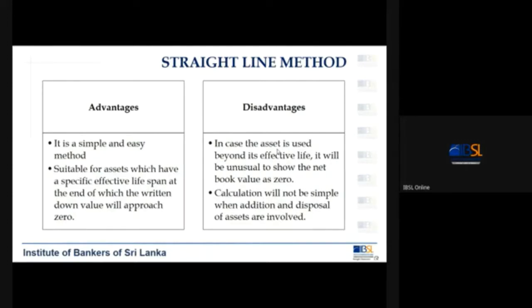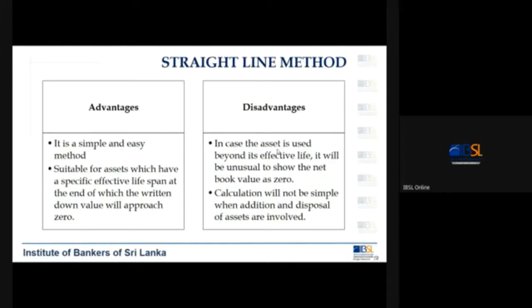Why? There will be a cost, let's say 2000 rupees, and over a period of 5 years, you will depreciate and provide 400 every year. By the time you reach the 5th year, your depreciation and the cost are equal. So your net book value will become zero. What do you mean by net book value? Net book value is the carrying amount.